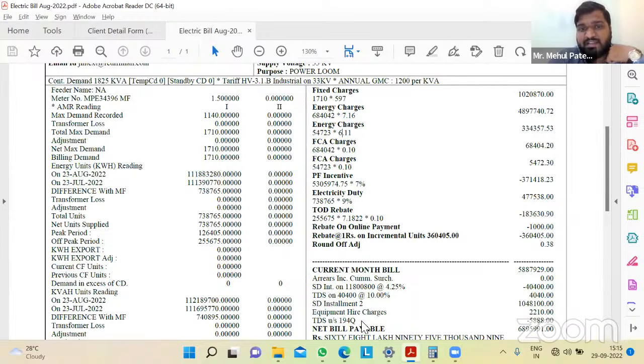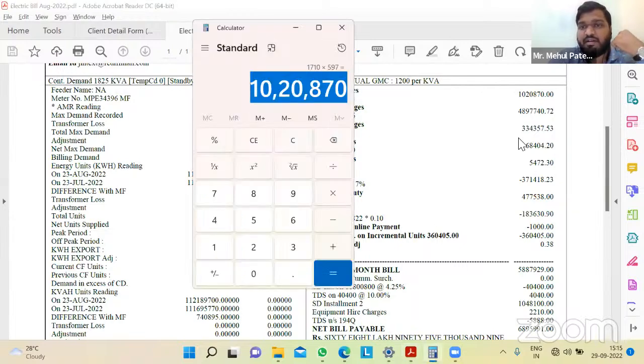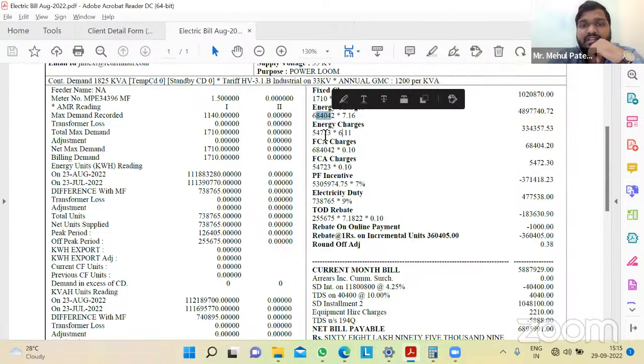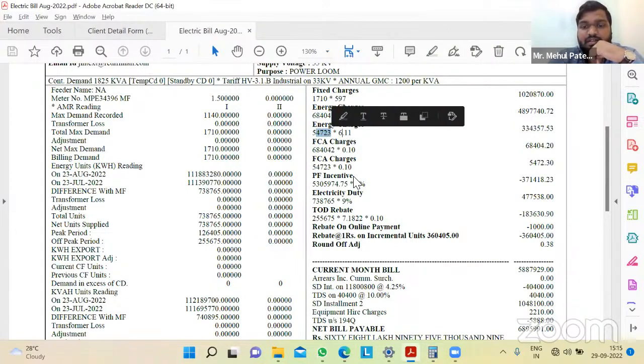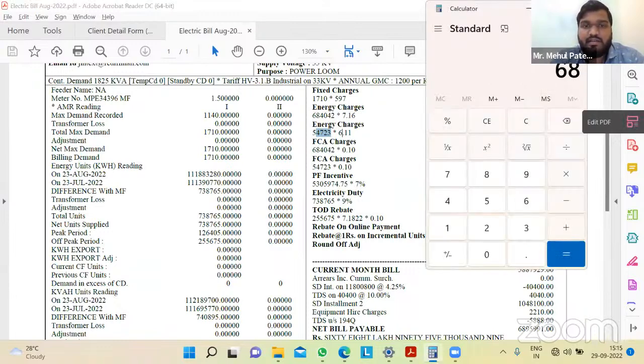Let me add these 2 units, 684042 and 54723, and show what it comes to. 684042 plus 54723.